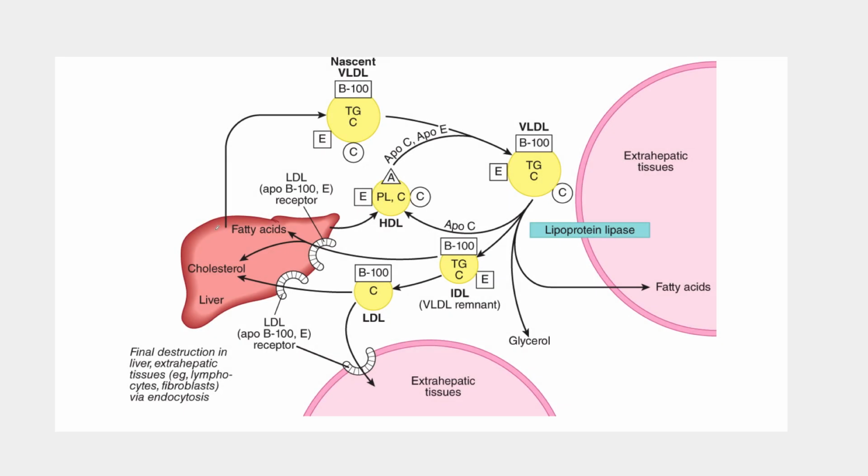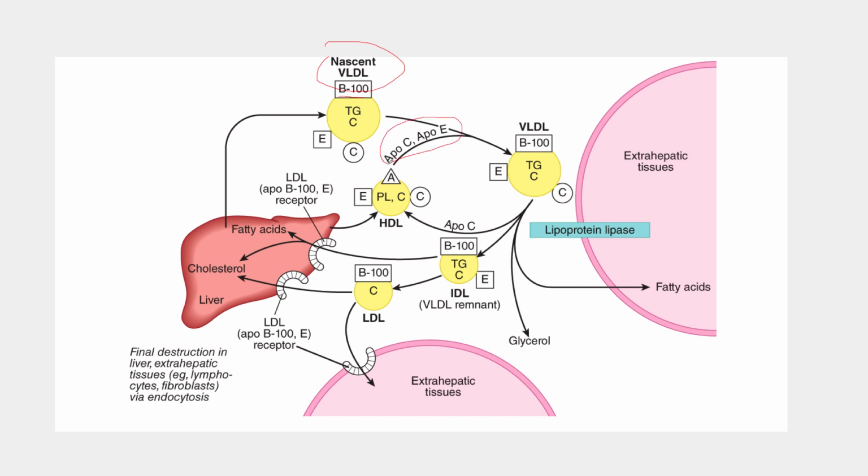If we look at the maturation of our nascent VLDLs once they're secreted from the liver, we'll notice several similarities to chylomicron maturation. Our primary apoprotein on VLDLs is ApoB100, and although it's secreted from the liver with small amounts of ApoE and ApoC2, it also requires an interaction with HDL to acquire ApoC2 and ApoE.